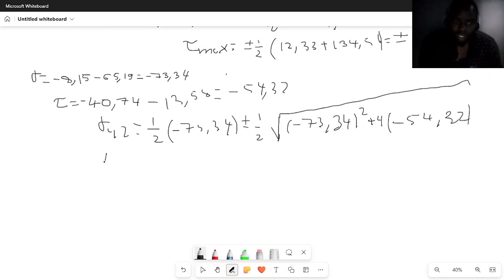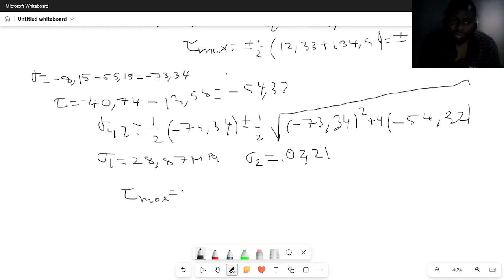They got rho 1 to be 28,87 MPa, rho 2 to be 102,21, and then for the maximum shear stress the same thing: plus minus half, add these two, rho 1 and rho 2.